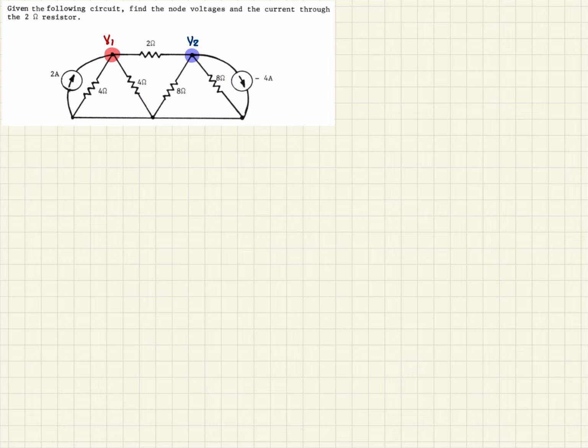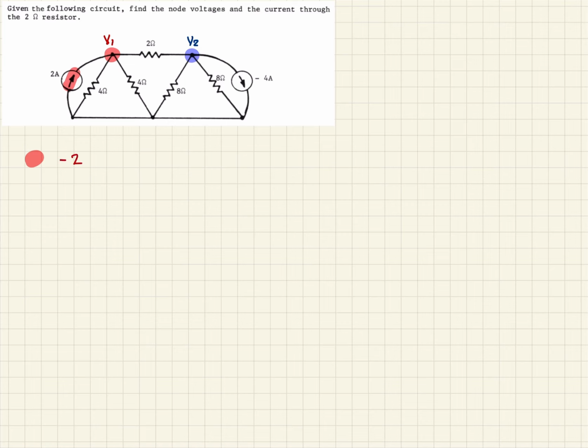So then for V1, the first thing we see on this branch is a current source, and we're defining current leaving the node as positive, so that's showing entering the node. So then that will be negative. So we'll start out with a -2.